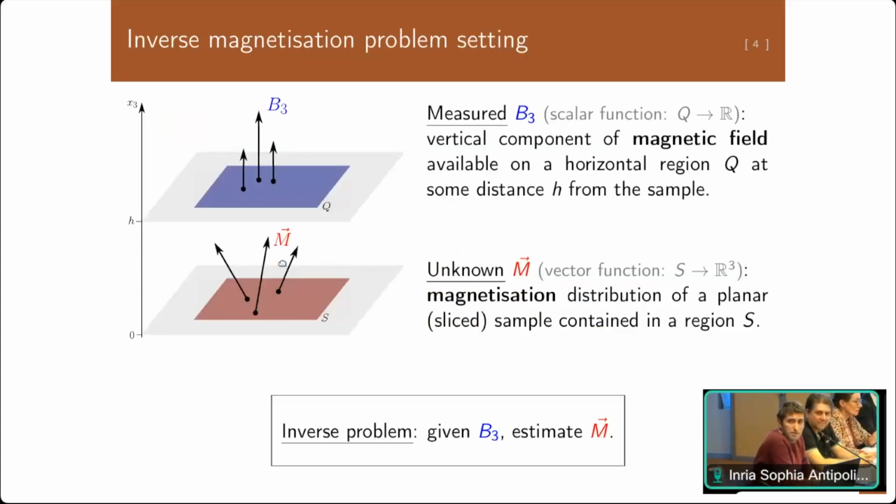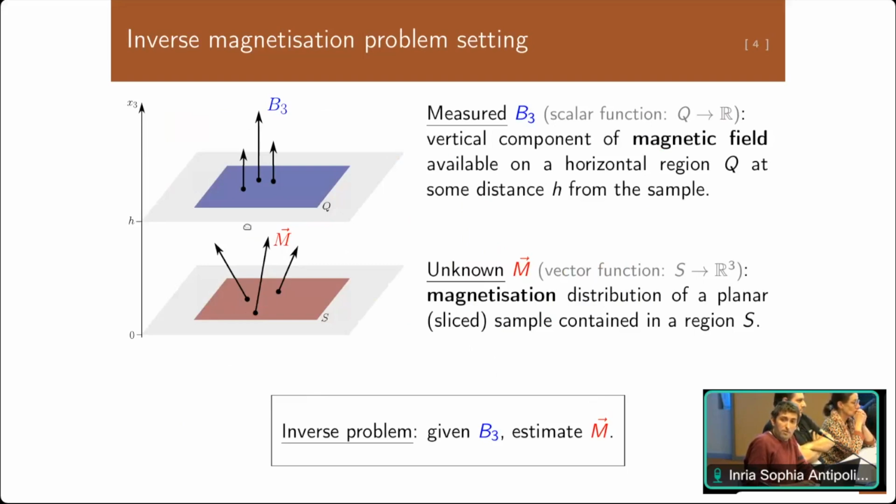So schematically speaking, we have the magnetization vector, which models the sample, and we can assume for simplicity here that it's planar, because as I showed you in the previous picture, it is a thin slab. It's a vector of three components, and its magnitude and direction can change in the sample from one point to another.